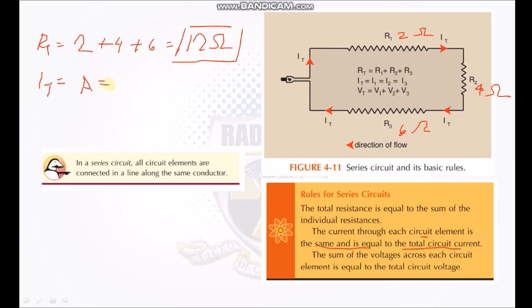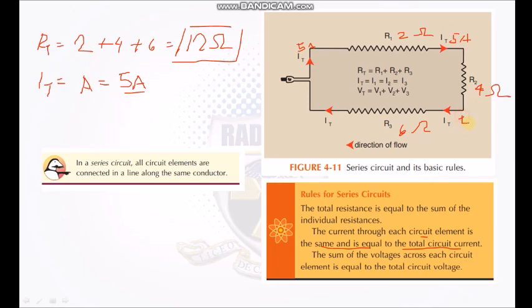So for example, you have IT, and its total is 5 amperes. So that means I1 is equal to 5A. I2 is equal to 5A. So for example, this is 5A. What are the I's here? 5A.